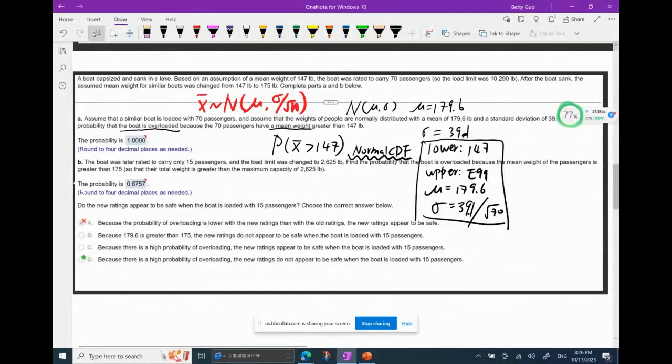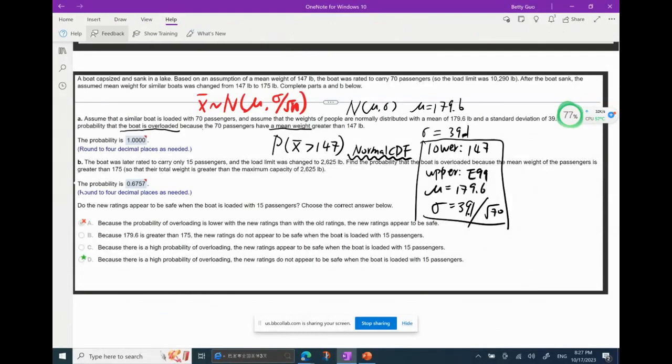Okay, so part B, the boat was later rated to carry only 15 passengers, and the load limit was changed to 2,625 pounds. Find the probability that the boat is overloaded because the mean is greater than 175.